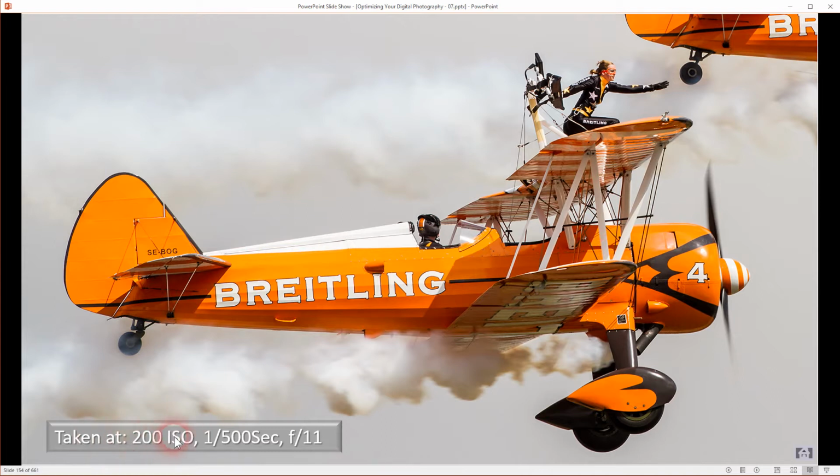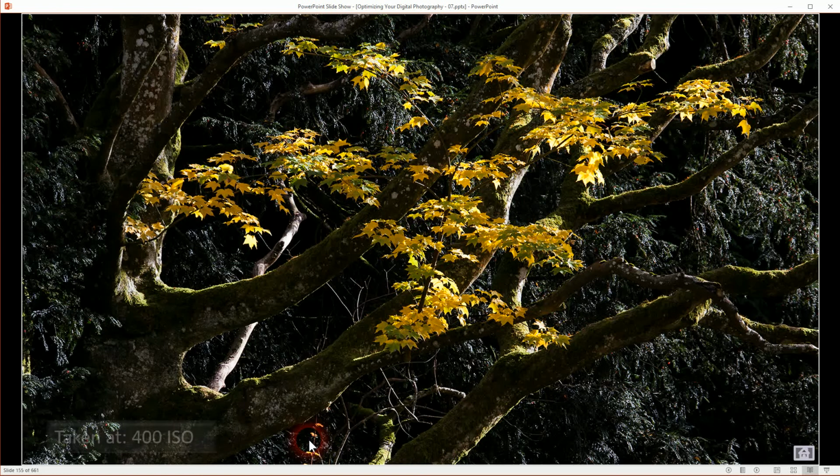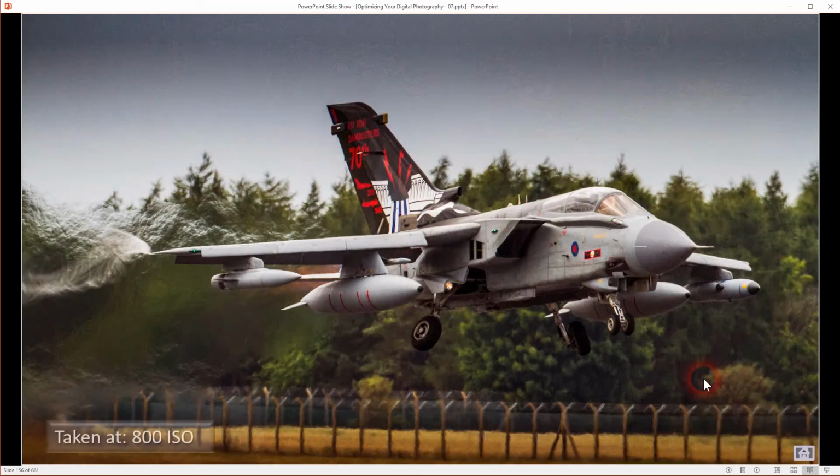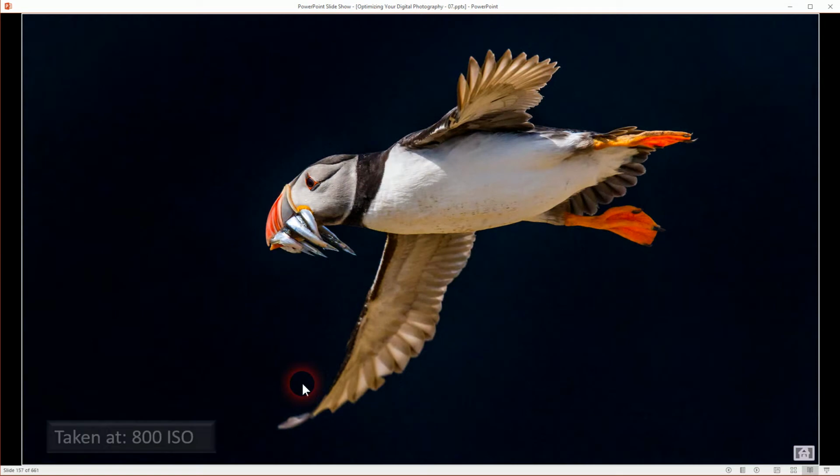So 200 ISO, 1/500th of a second, f11. On a tripod, 400 ISO, and I managed to get these because it was in quite a dark area. With a jet like this moving really quickly, 800 ISO, it was quite overcast conditions as well.